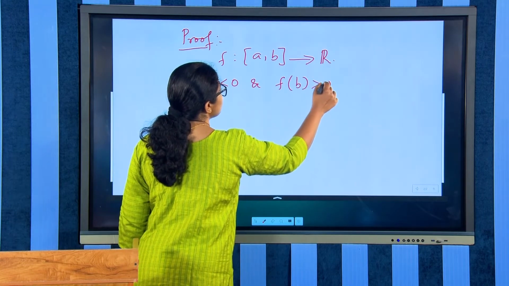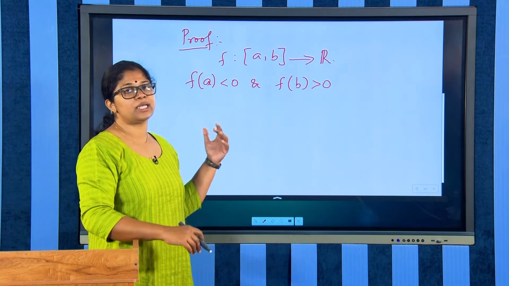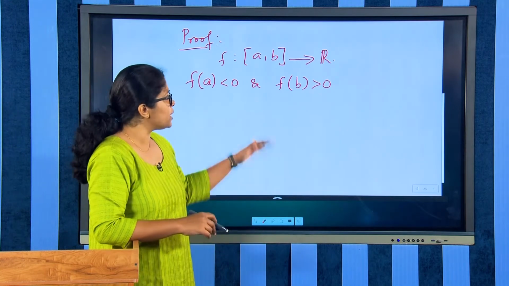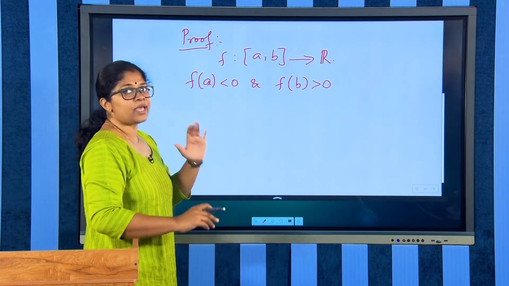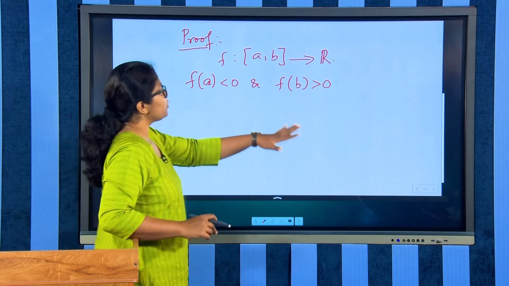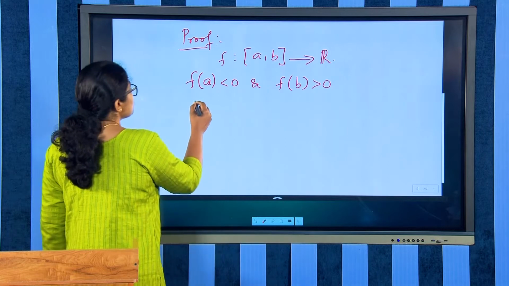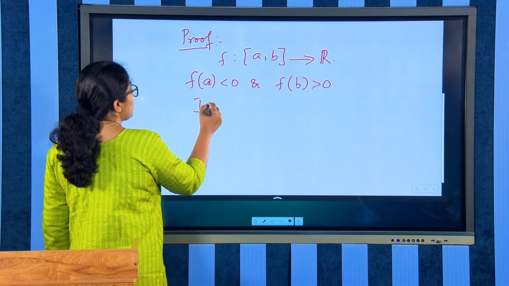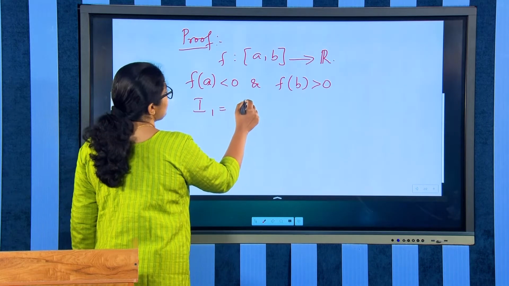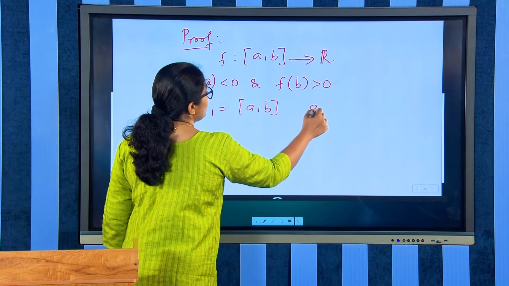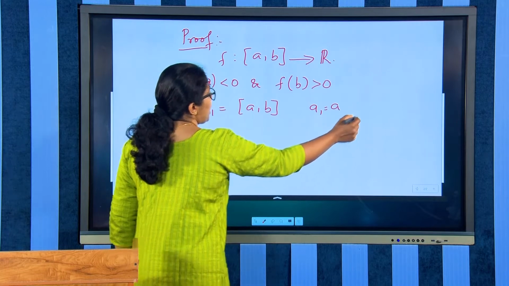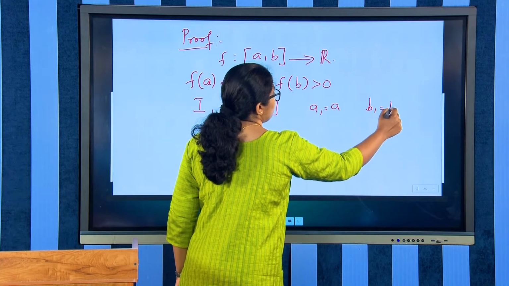We restrict to this condition because the other condition follows similarly. So, without loss of generality, we assume that f of A is negative and f of B is positive. The first interval that we take is exactly the same as AB. So, A1 is equal to A and B1 is equal to B.